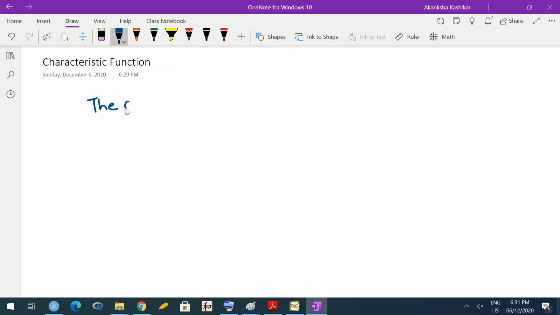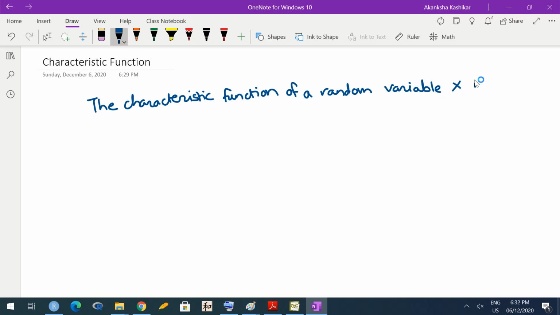The characteristic function of a random variable X is defined as phi X(t).